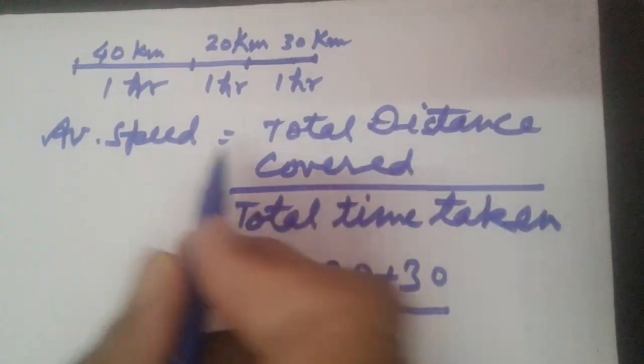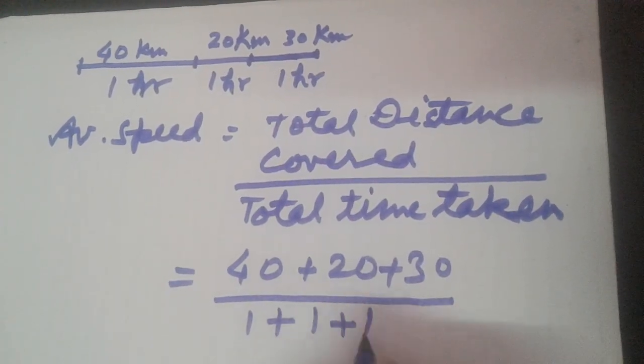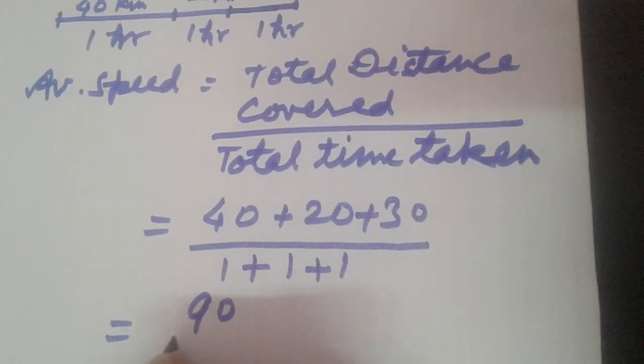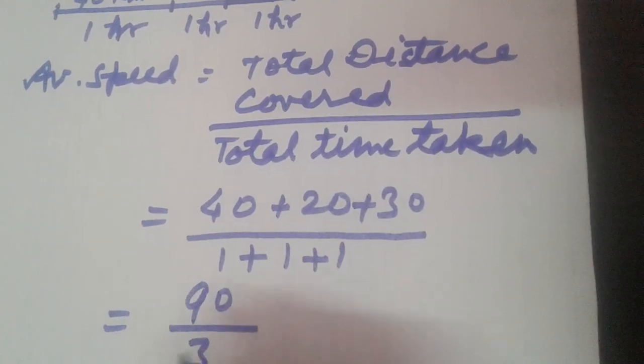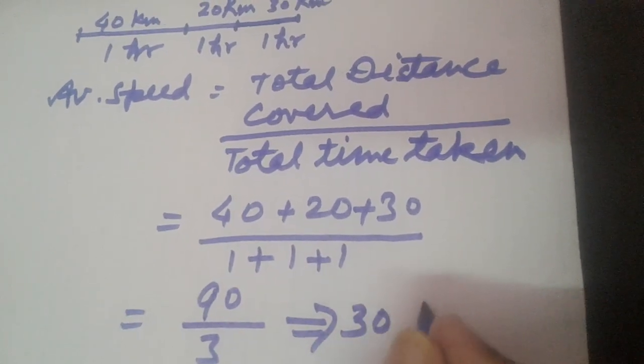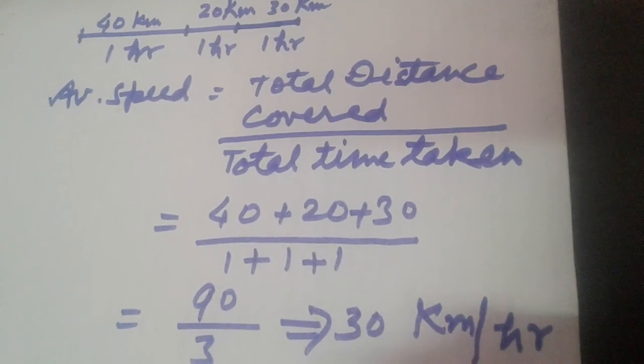Total time taken is 1 hour, 1 hour, 1 hour, means 3 hours. If you add these, this becomes 90, then this becomes 3. So this becomes 30 kilometer per hour. When we go home from our school, this is non-uniform speed because sometimes we are slow and sometimes we are fast.